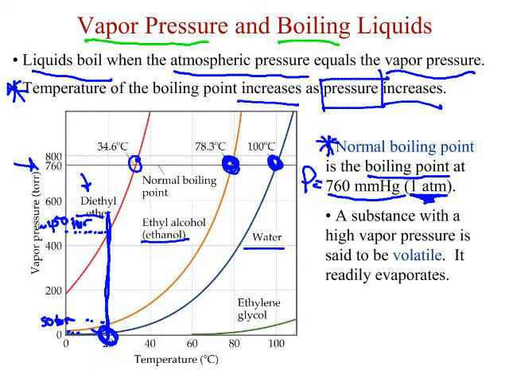Generally speaking, the higher the vapor pressure something exerts, the easier it is for molecules of that substance to break free of the liquid phase and enter into the gas phase. The easier it is for them to do that, the less strongly they're held together, and so the weaker the intermolecular forces of attraction.